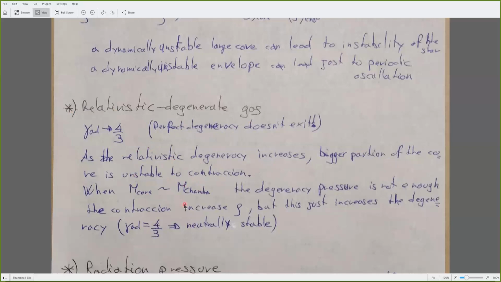And when the mass of the core is more or less the Chandrasekhar mass, the degeneracy pressure is no longer enough, and the contraction increases the density. This will increase the degeneracy, so we have this situation.